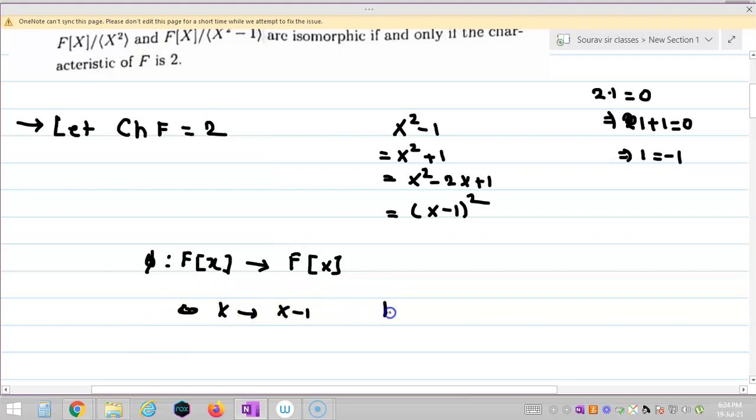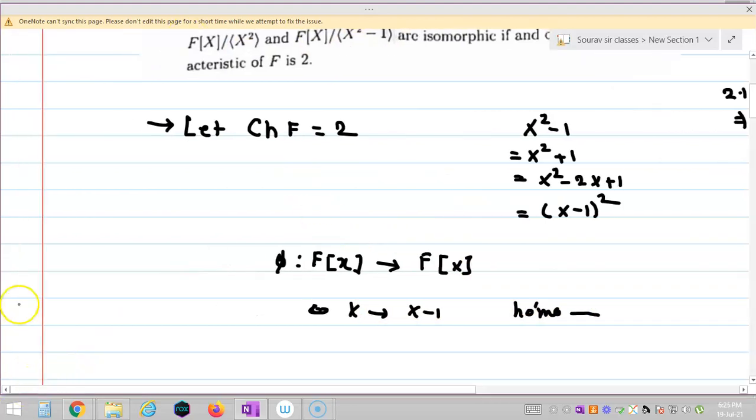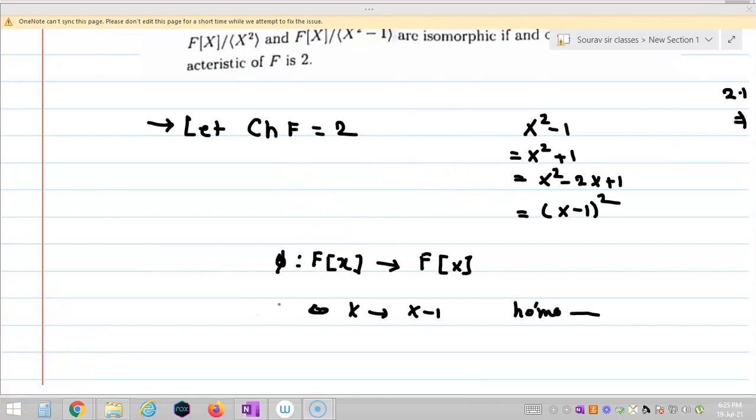This is a homomorphism; you can check that. This homomorphism actually induces an isomorphism between these two. If you take any element from this and send it where x squared goes to (x minus 1) whole squared, that would be an isomorphism. So we have done it. This part is very easy.